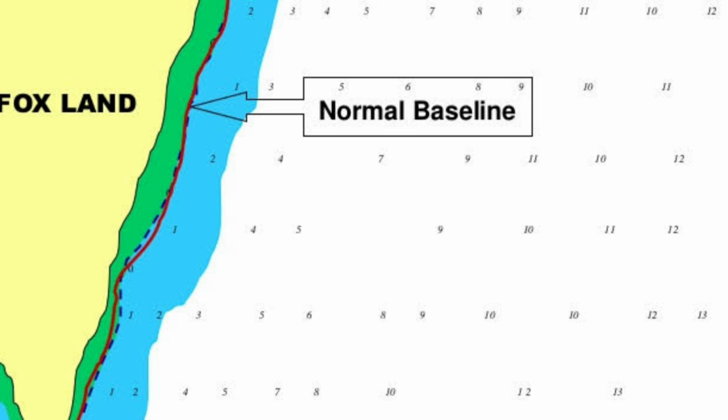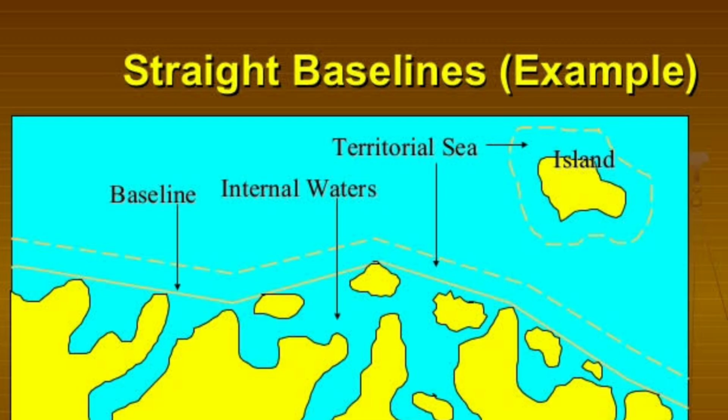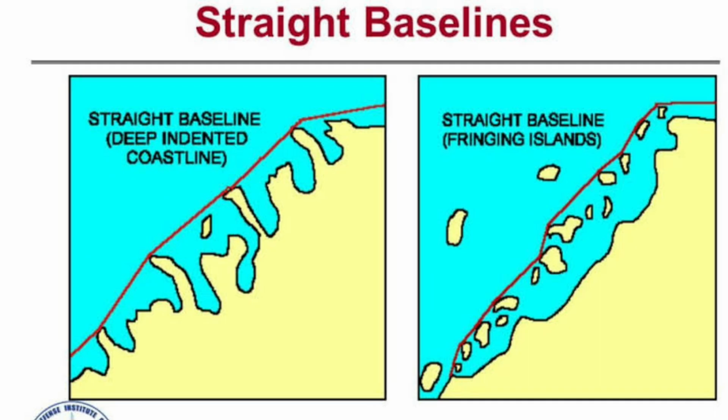A normal baseline is an imaginary line drawn on the low water line of the coastal state, and a straight baseline applies only to those countries which have indentations or islands near the coast. We take the outermost point of that island and draw an imaginary line around the coastal state, which is called a straight baseline.